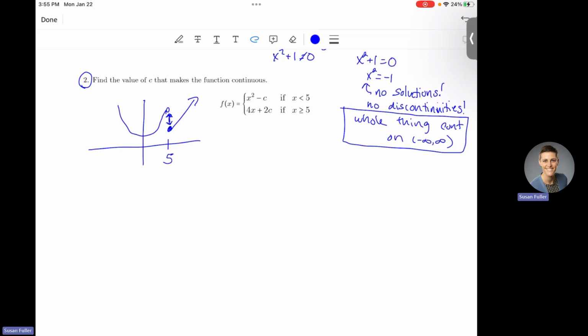So really what that means is that I need the limit as x approaches 5 from the left of this function to be equal to the limit as x approaches 5 from the right of this function, right? If these two limits were the same, then this point and this point would be the same, and we would overlap.